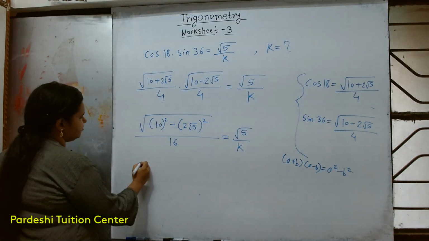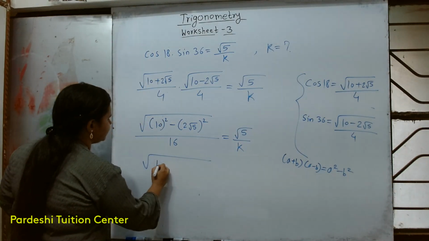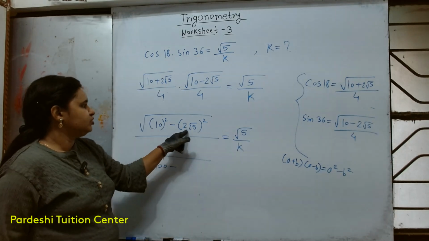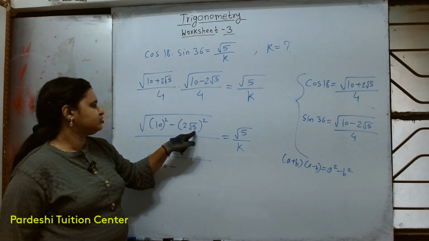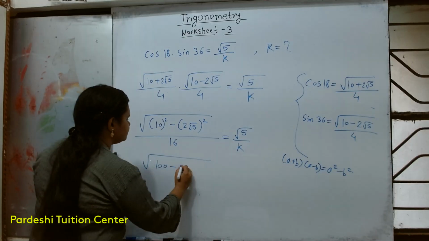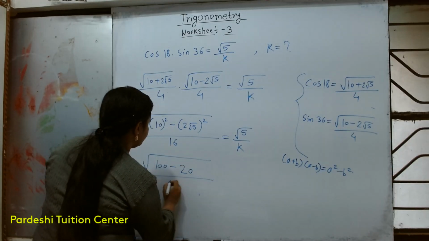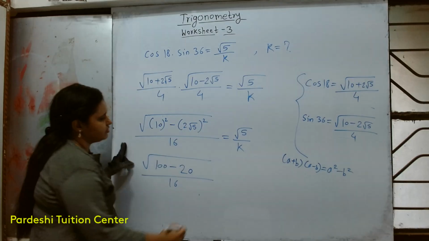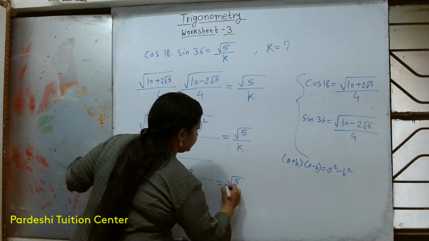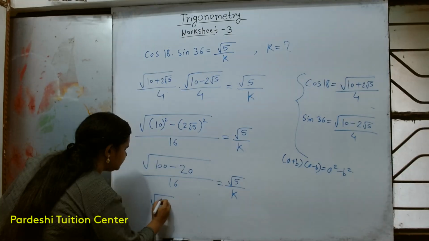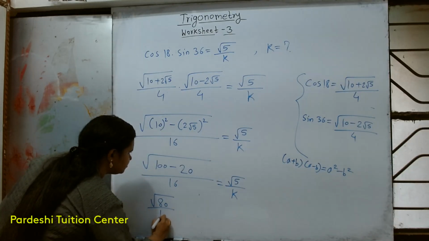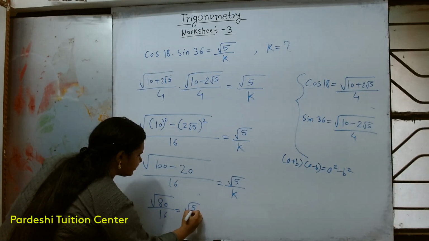Now, further solving, 10 square is 100 minus, 2 square is 4 and root 5 square is 5, so 5 4s are 20, upon 16 equals root 5 by k. Now 100 minus 20 is root of 80 upon 16.